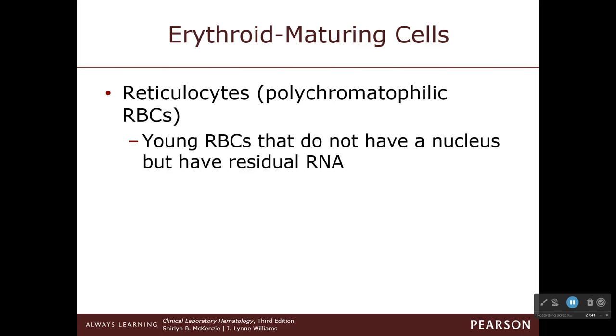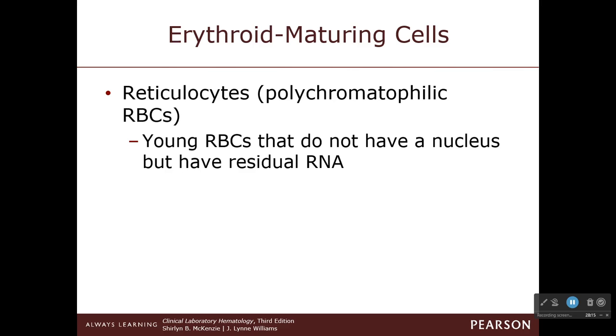They go from large to small based on maturity. But reticulocytes are not mature yet. They still have some characteristics of being immature: the color, the polychromasia, those remnants of RNA that you'll see when you stain with new methylene blue. It lets you know that's an immature cell still, even though it doesn't have a nucleus.